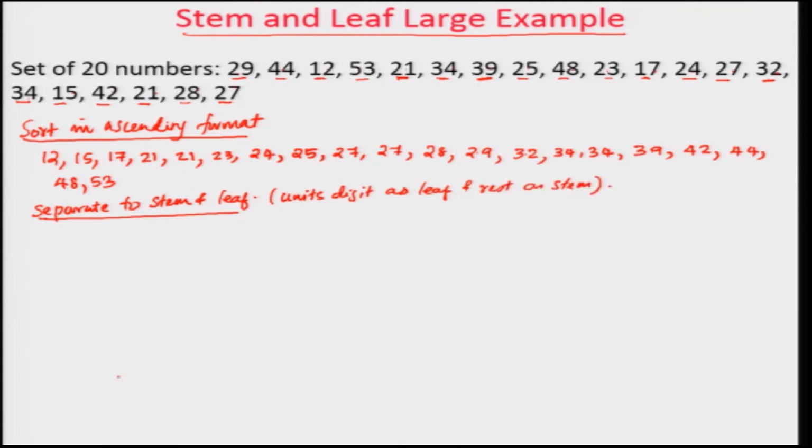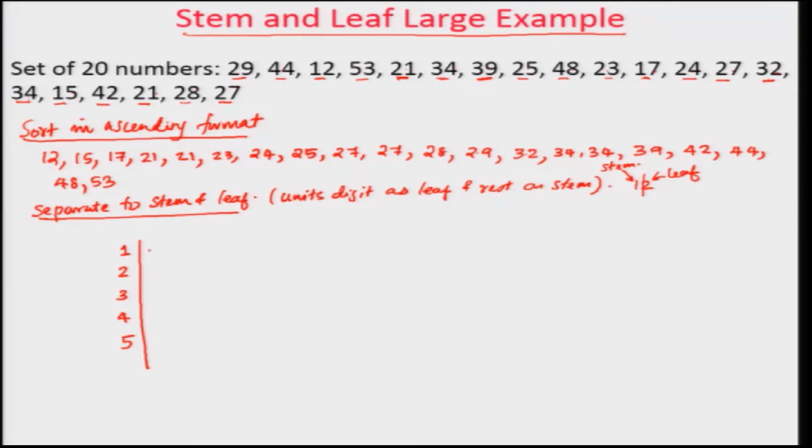Okay. So, if that is the case, for example, we say 12, this is the stem, this is the leaf. So, the stems we have are 1, 2, 3, 4 and 5. Okay.